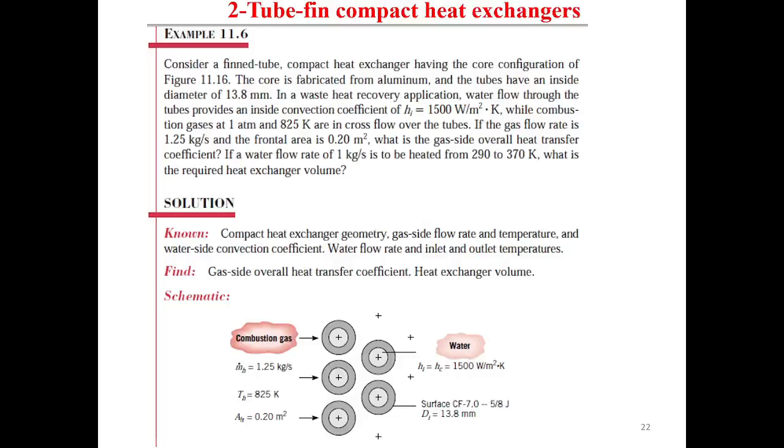In the waste recovery application, water flow through the tubes provides an inside heat transfer coefficient HI equals 1500. This is the heat transfer coefficient inside the tube, while combustion gases at 1 atmosphere and 825 Kelvin are in cross flow over the tube. If the gas flow rate is 1.25 kilogram per second and the frontal area is 0.2 square meter, what is the gas side heat transfer coefficient?